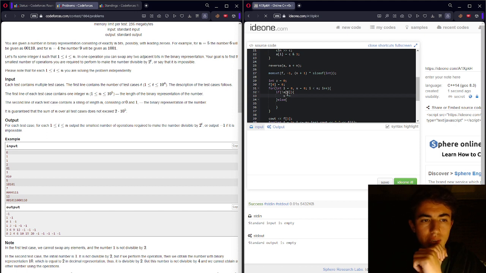How many zeros we have? Alright, so the number of zeros is plus x minus equals z plus 1, and f of z is equal to x, something like this.